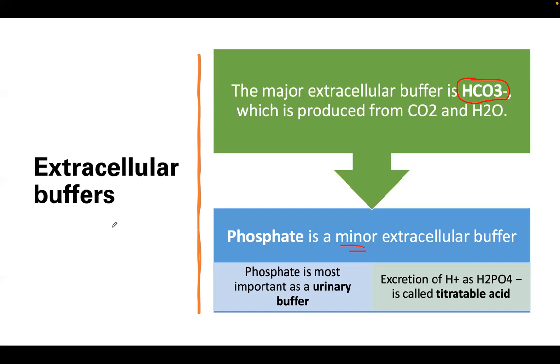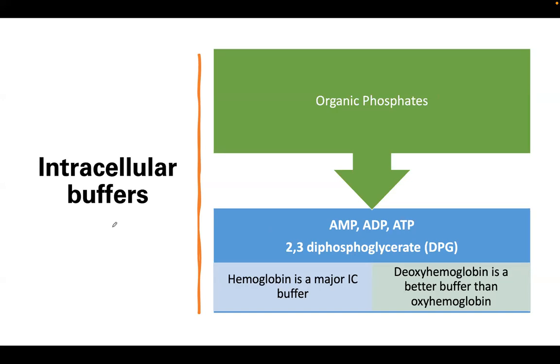This is what your physiology books refer to as a titratable acid. Now, what about the intracellular buffers? They are usually comprised of the organic phosphates: adenosine monophosphate, diphosphate, and triphosphate.